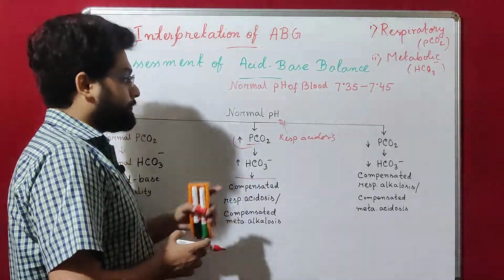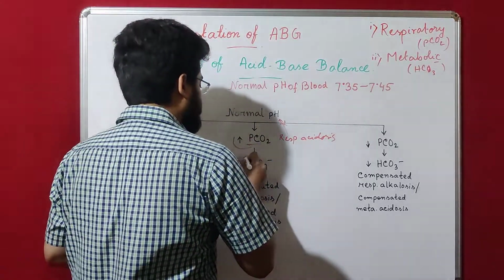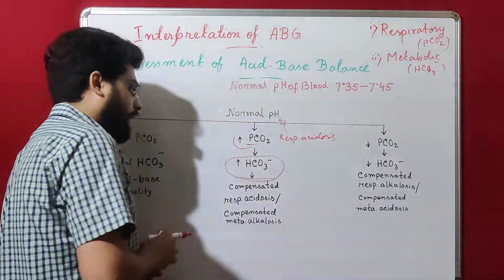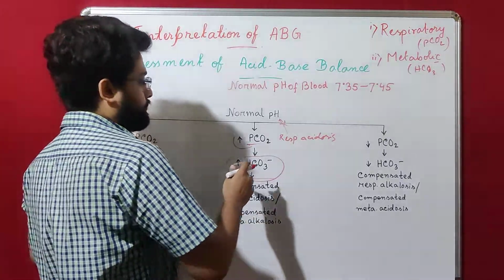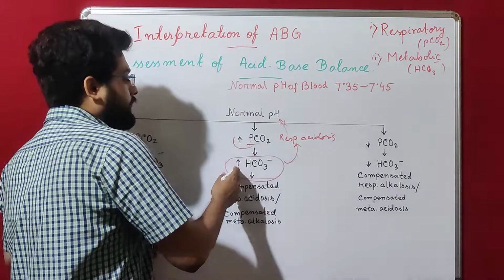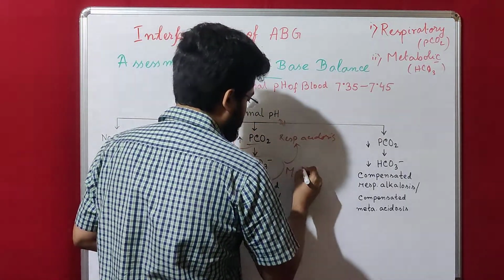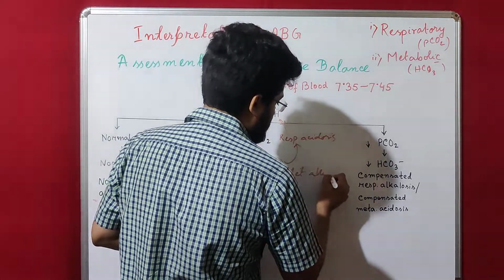And there the only chance will be an increase in bicarbonate ion, which is compensating this component. Increase in bicarbonate ion means metabolic alkalosis.